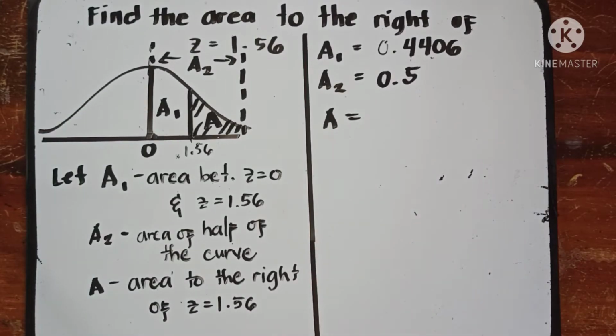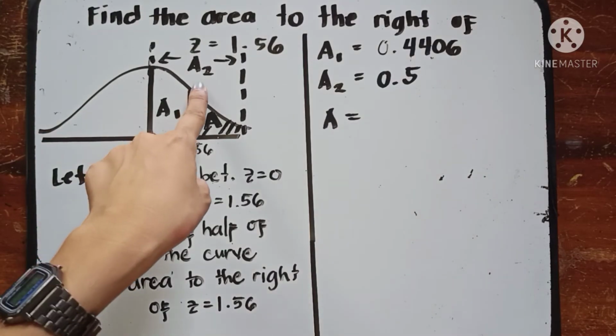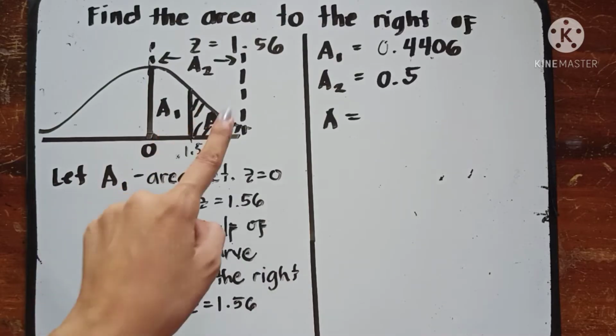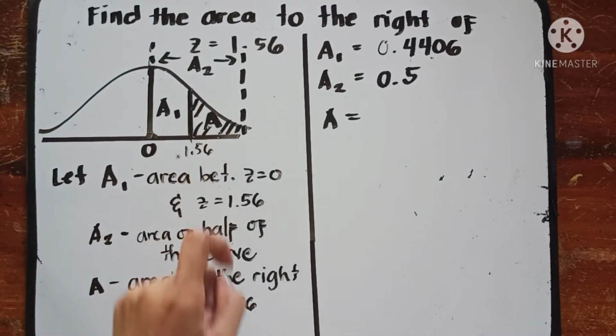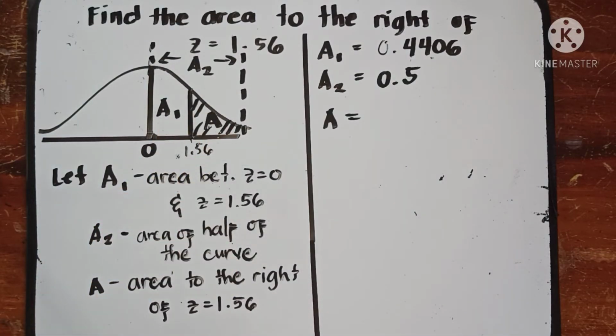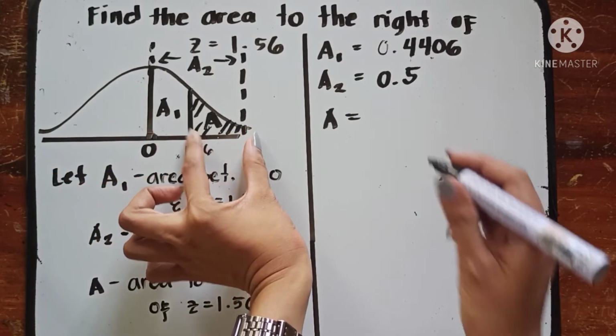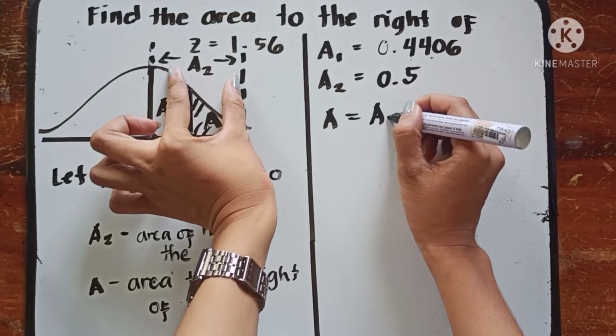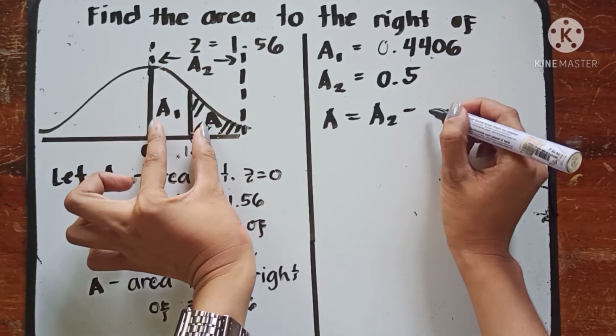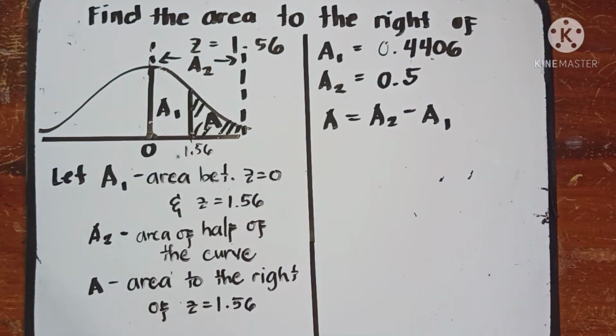Okay? And next, how about A? Paano natin makukuha yung value ni A? So, meron na akong A sub 2, meron na akong A sub 1. Hinahanap ko yung value ni A. So, para mahanap mo tong part na to, ang gagawin natin, yung a sub 2 minus a sub 1.